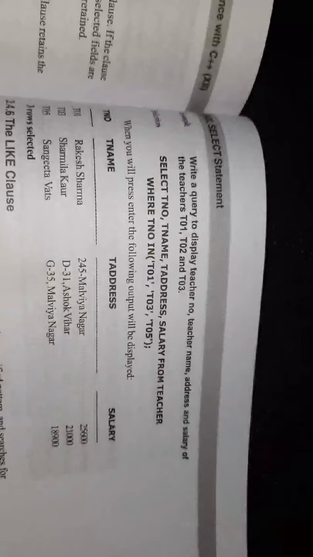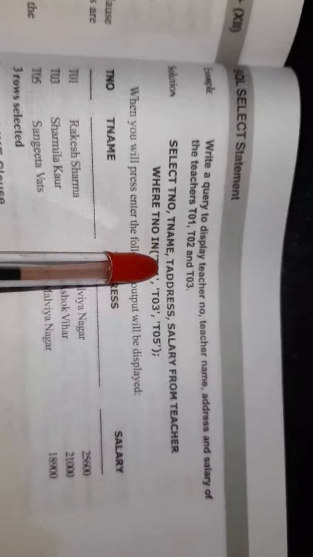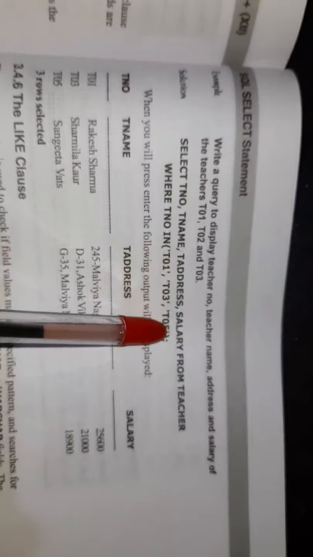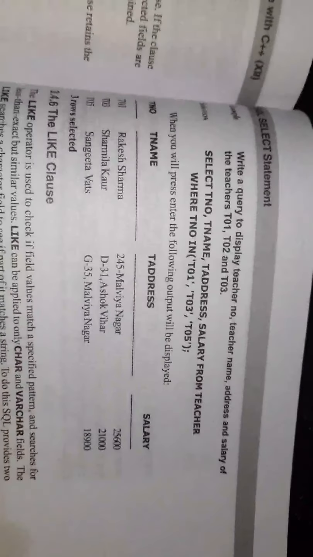When you use the IN clause, you use parentheses because you have to compare all three data values. Is this present, is this present, is this present? Since all three are there, all three rows are displayed. That is how you use an IN clause.